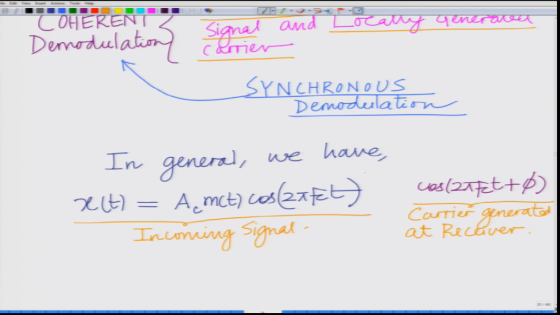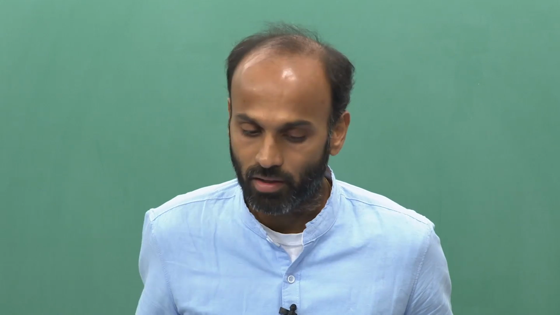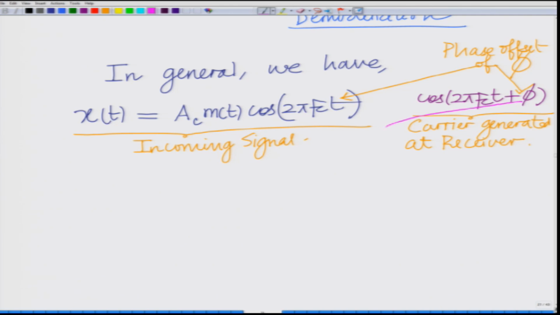and now you can see the carrier generated at the receiver, or the carrier employed for demodulation at the receiver, has a phase offset of phi. So, the carrier at the demodulator is offset with respect to the carrier wave in the incoming signal by phi. This factor phi is termed as the carrier phase offset.